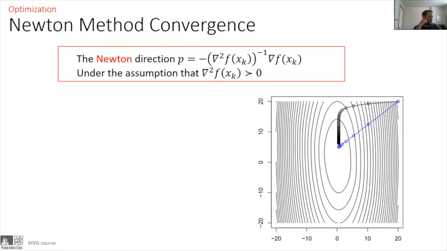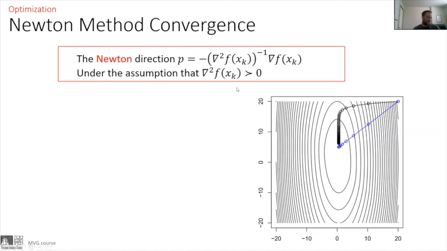But you're right, it is a challenge, and the next two methods that we will see aim to solve this problem, that it's not feasible to solve directly. But I show you the Newton method first because it's important for optimization in general, and second because it's the basis for the other methods.